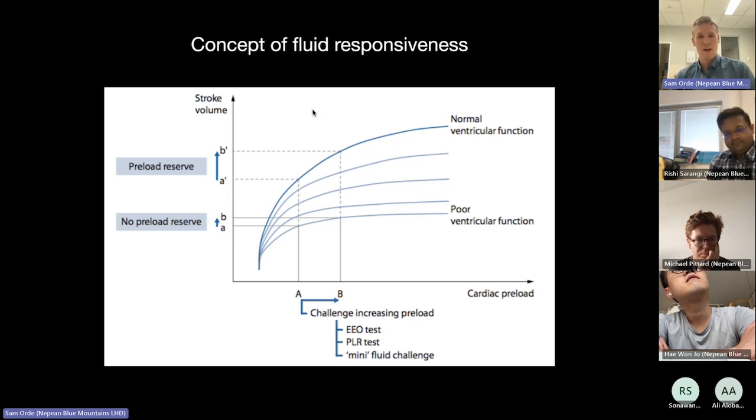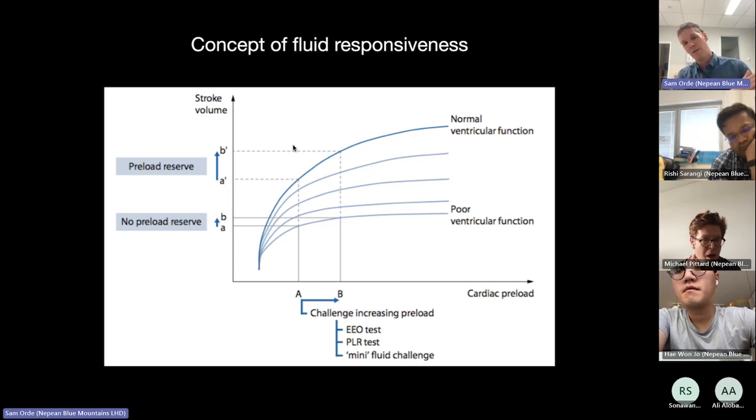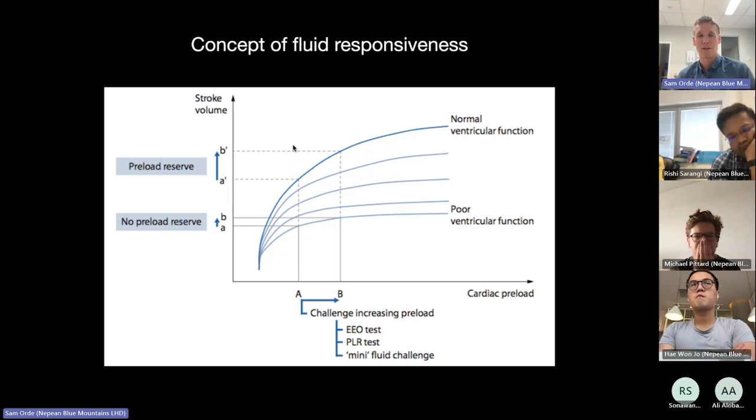If you have a place on the Starling curve marked with this area A, the capital A, if you are preload responsive, or on that ascending portion of the Frank-Starling curve, when we give you a fluid challenge, be that an expiratory occlusion test on a ventilator, a passive leg raising test, or a fluid challenge, you will move that preload up the curve, and that will improve your stroke volume.